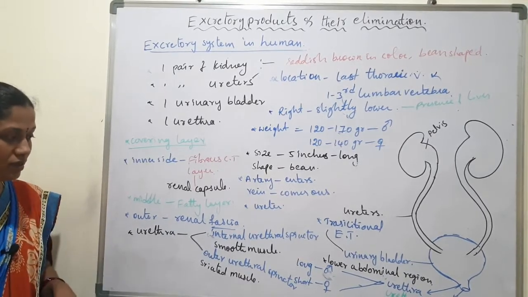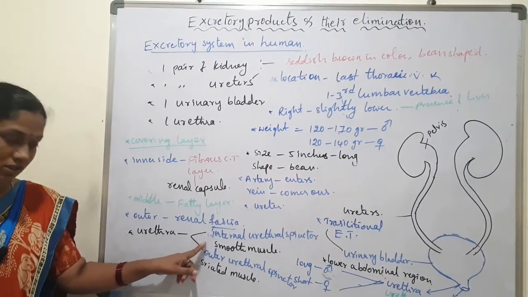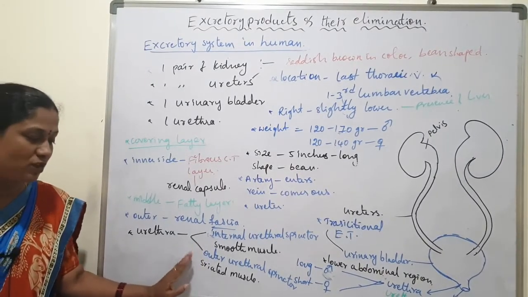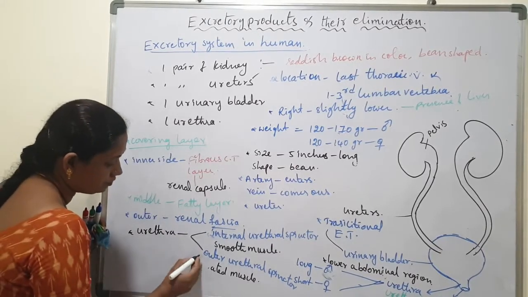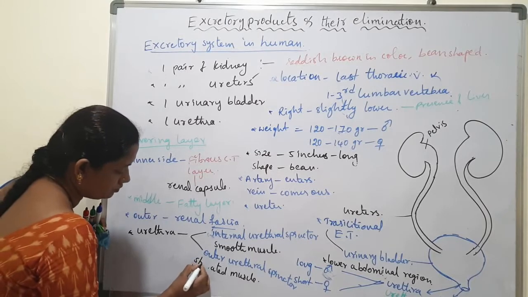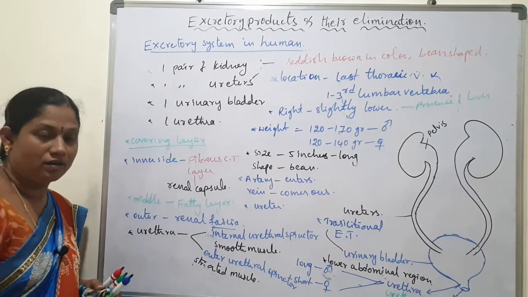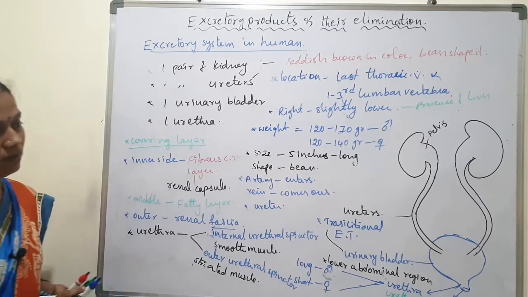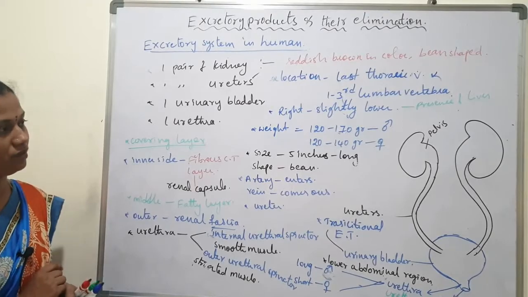The internal urethral sphincter has smooth muscles, so involuntary muscles. The outer urethral sphincter has striated muscles, or voluntary muscles. So this is about the excretory system.